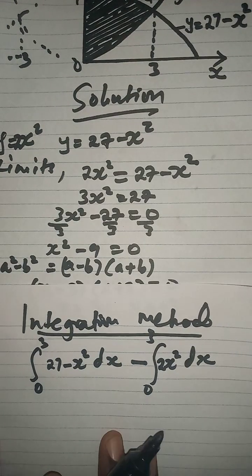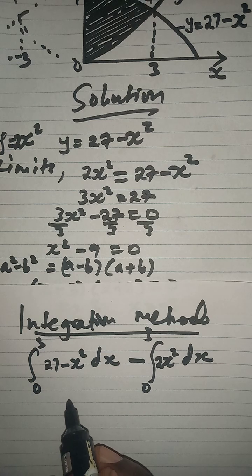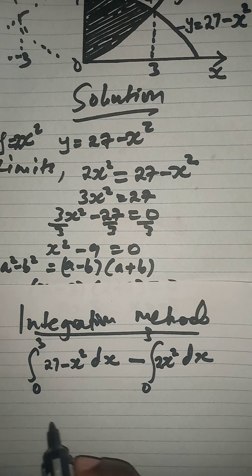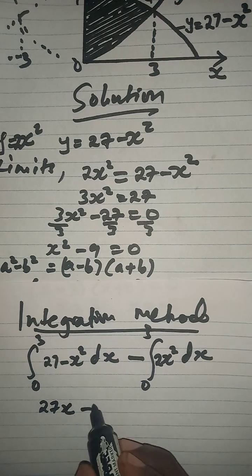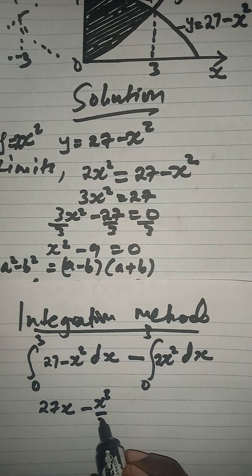Let's continue. If I integrate 27 minus x squared, I get 27x minus x cubed over 3.